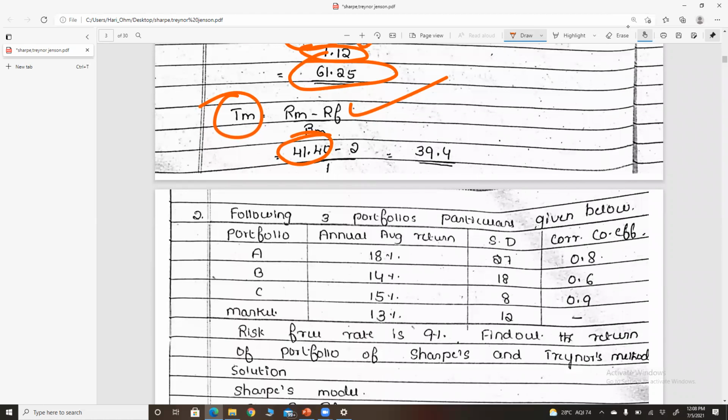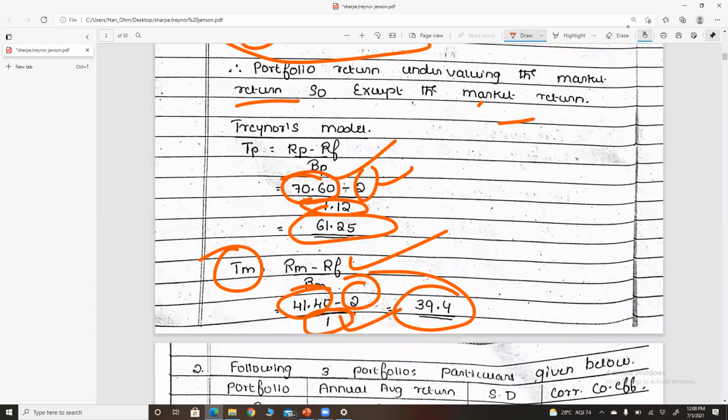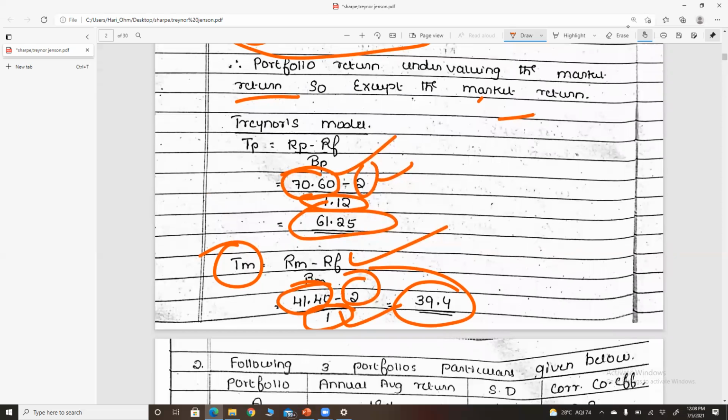Remember, market beta is always 1. So the answer is 39.4. See here, the individual portfolio return is more compared to the market return.